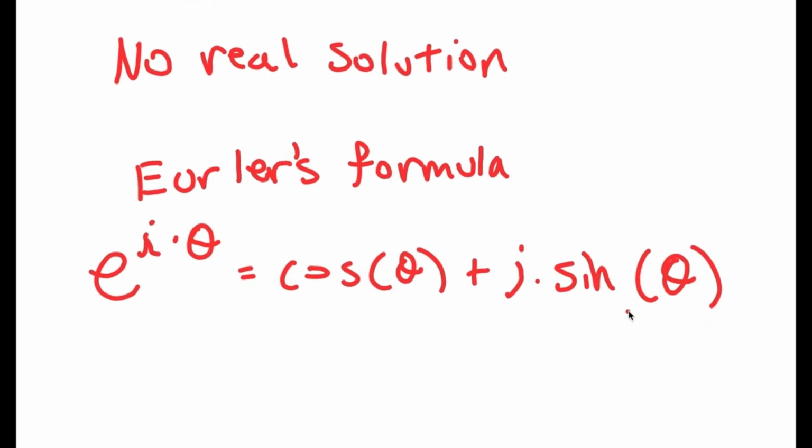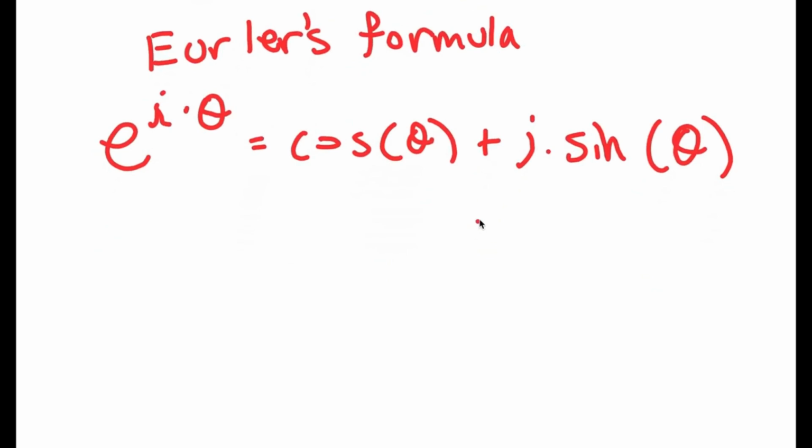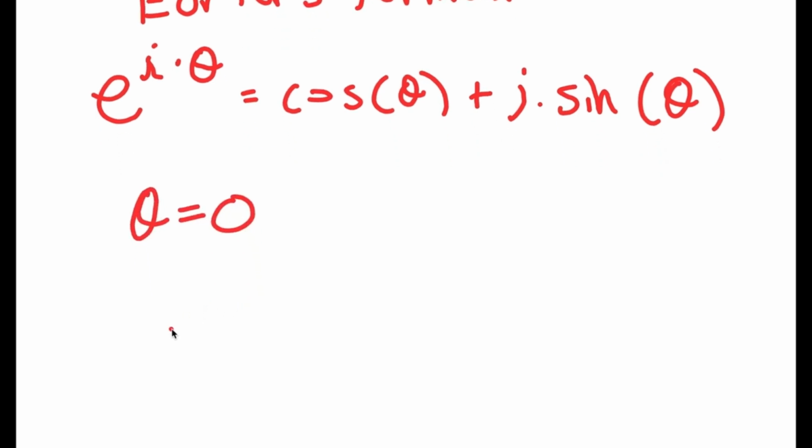And I know to many of you watching this video, this may just sound like a bunch of gibberish, but just hang on. So let's say that theta is equal to 0.